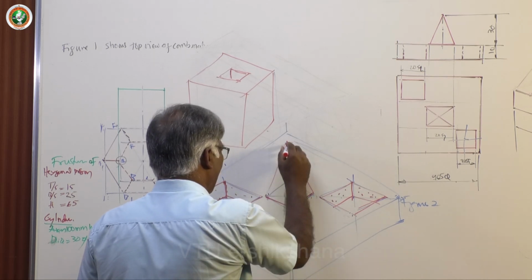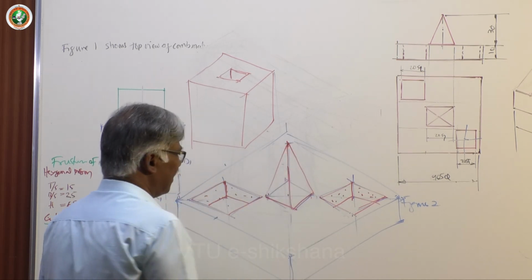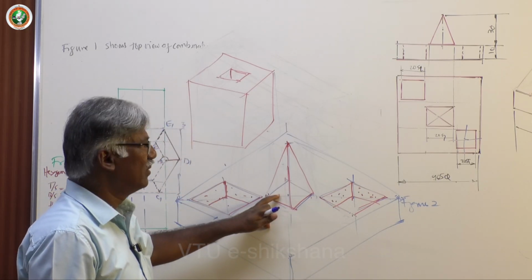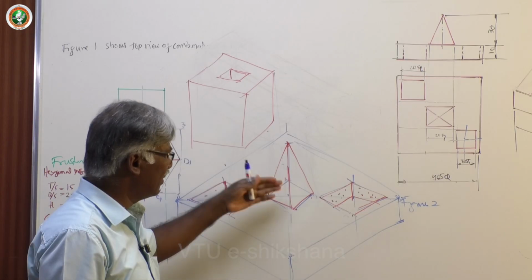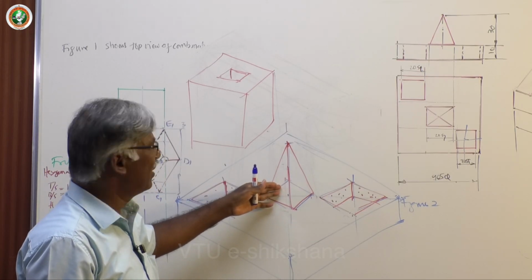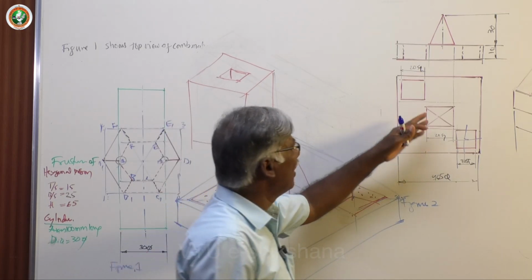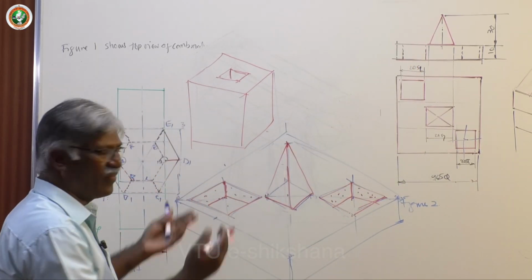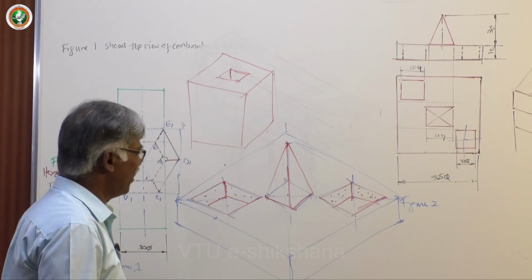Whatever the height is given, you have to take accordingly. 2 holes, 1 pyramid. It can be a cylinder, a prism, anything for that matter. They may give a frustum of a square pyramid, whatever. For simple explanation, I have taken the pyramid. It is easier. It can be a frustum of a square pyramid also.